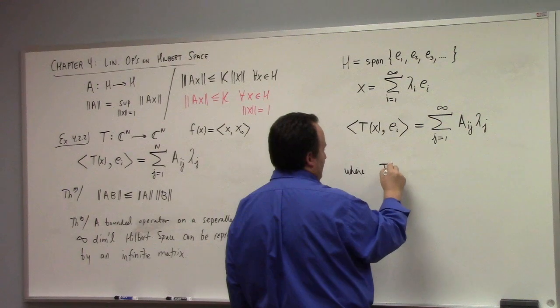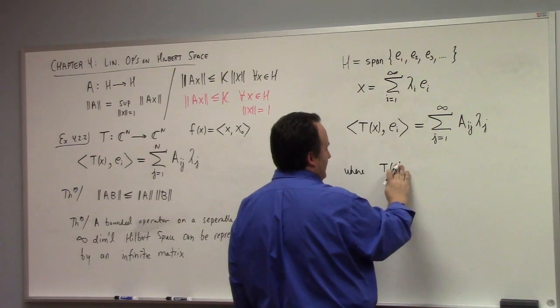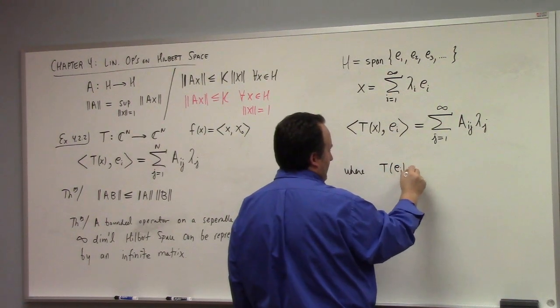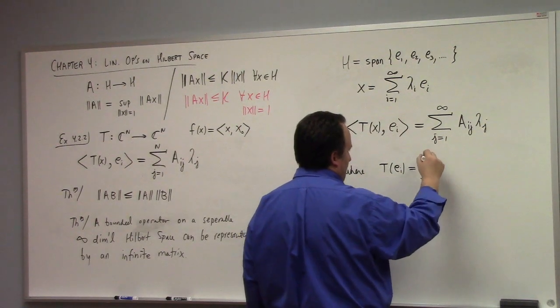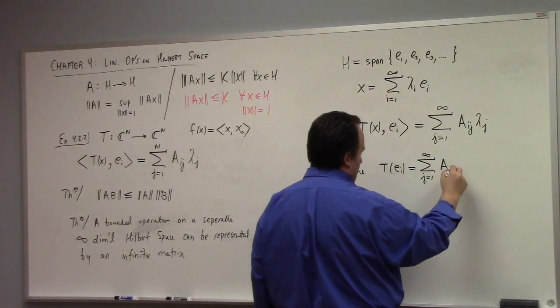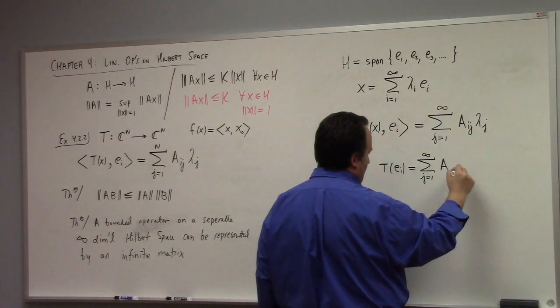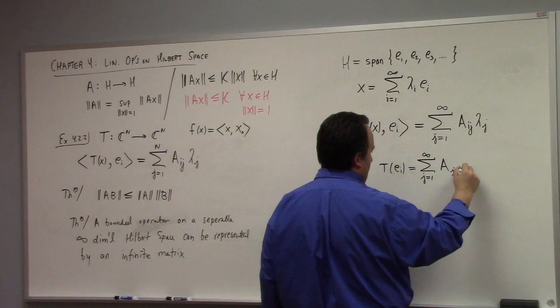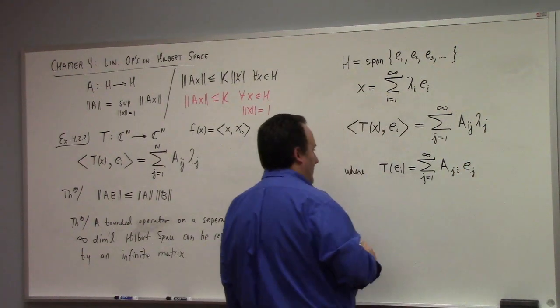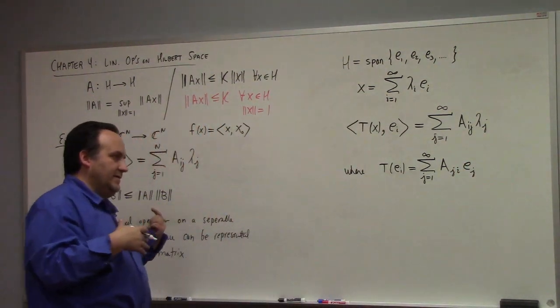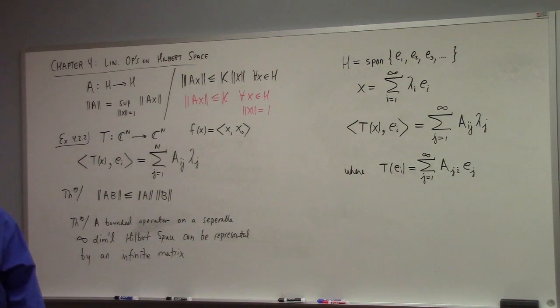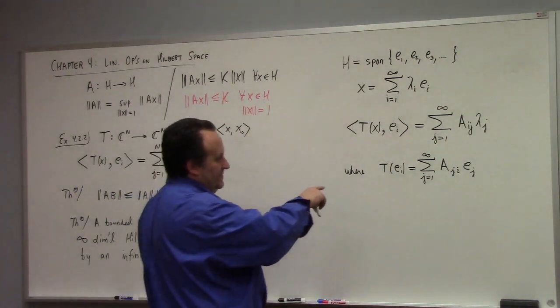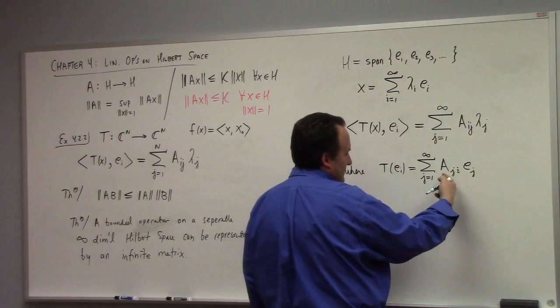Let's say T of e i is equal to the sum j equals 1 to infinity of a sub j i e j. So there's the ith column of the infinite standard matrix, which actually makes sense in this context. But this implicitly defines that.